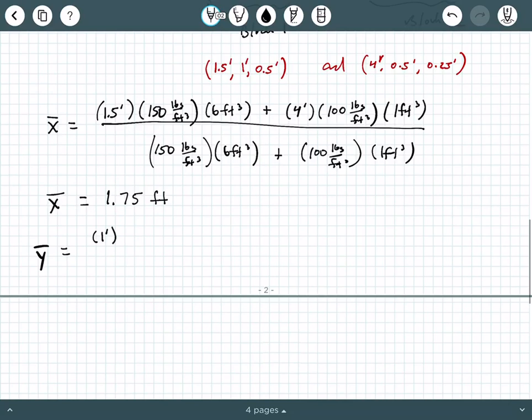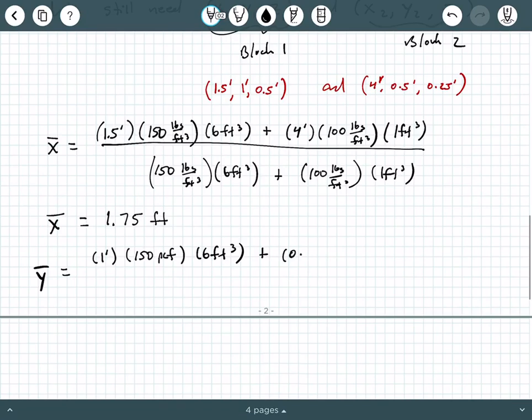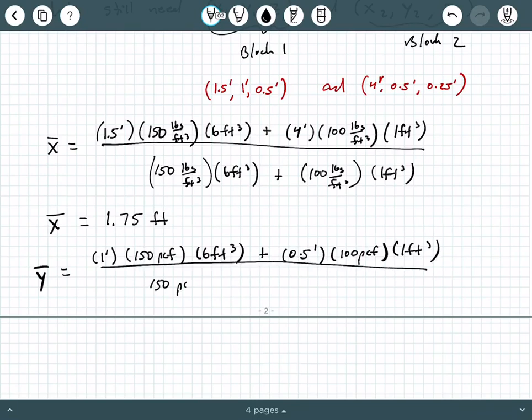So we have 1 foot, 150, I'm going to say PCF, that's pounds per cubic foot, times 6 cubic feet plus 0.5 feet times 100 PCF times 1 cubic foot, all divided by 150 PCF times 6 cubic feet plus 100 PCF times 1 cubic foot.